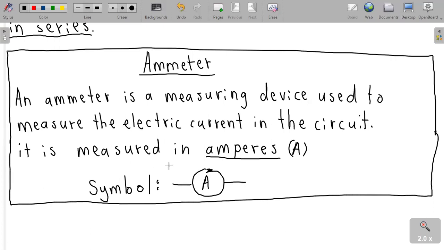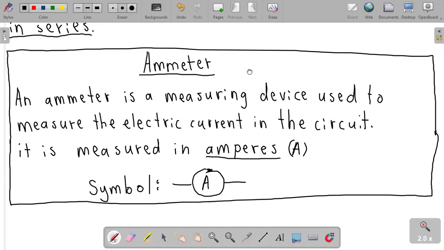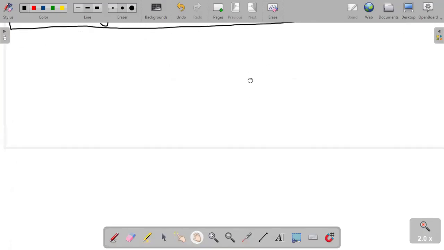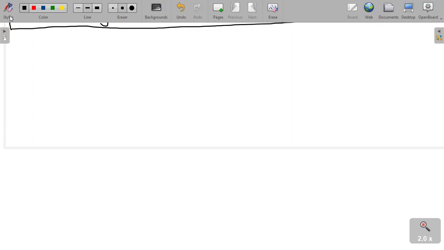So let us look at a rough sketch of a series circuit. I want to show you what a series circuit looks like. We start with a cell, and then we can have resistors here.